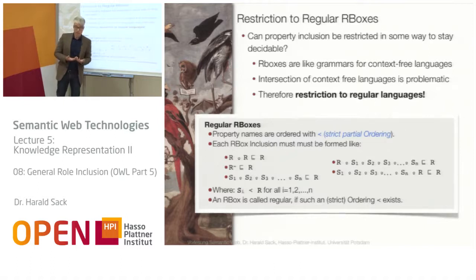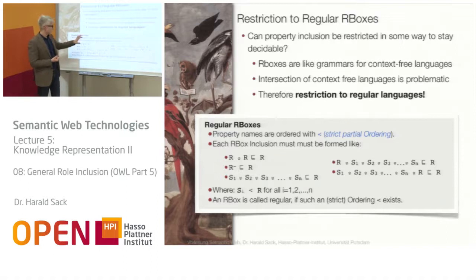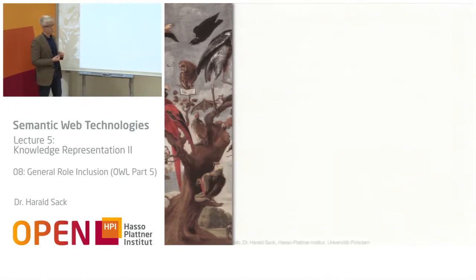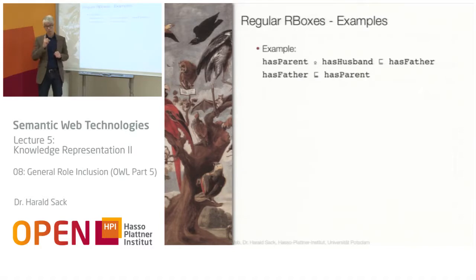And more important, for all of the other roles that are part of this role inclusion, it must hold that they are smaller than R, according to the ordering we have defined. And then, if an RBox complies to these rules, the RBox is called regular, only if such a strict ordering really exists.